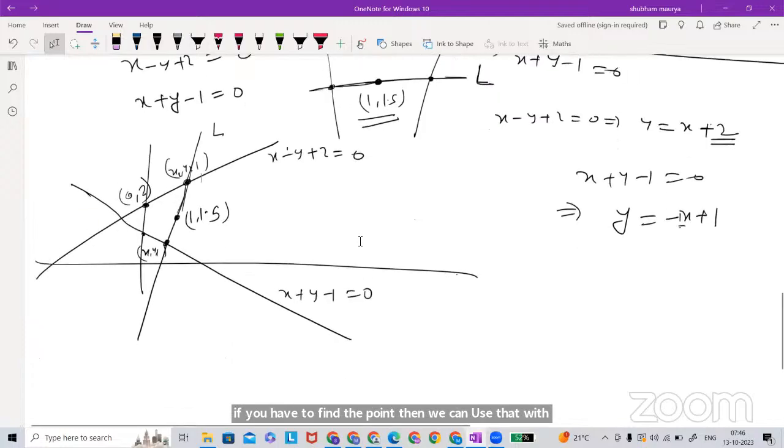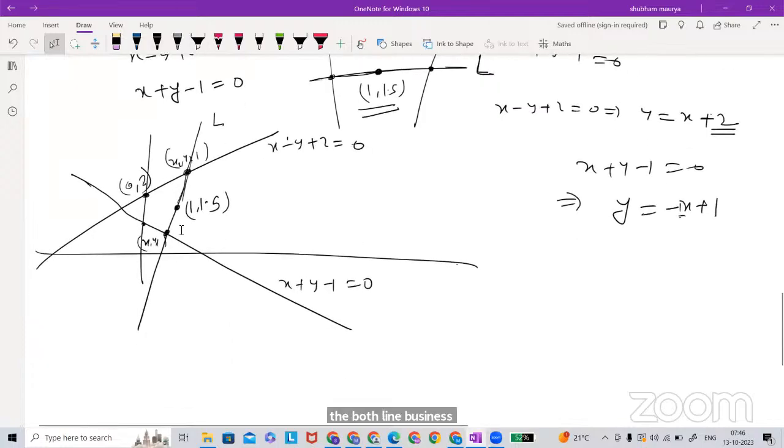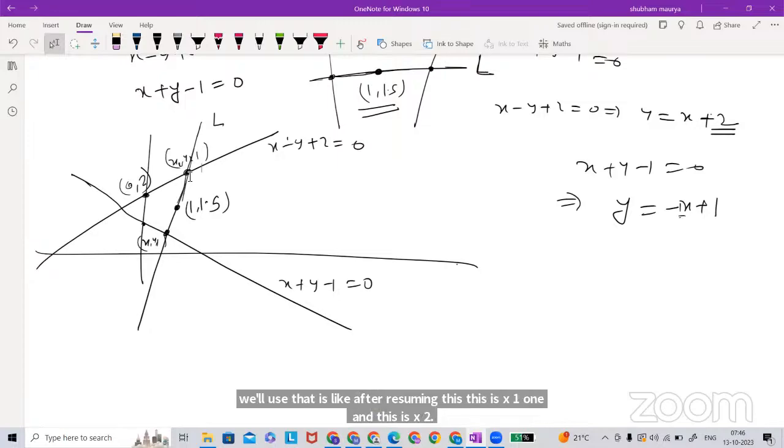Okay, we will use this point, that's fine, but how will we use it, after assuming this is x1, y1 and this is x2, y2? No, directly the one-point slope formula. Yes.